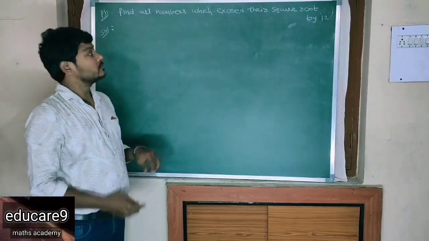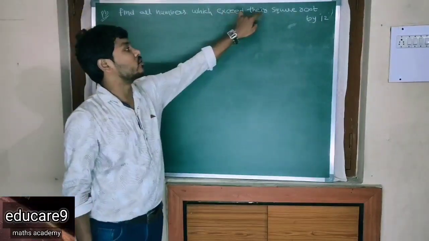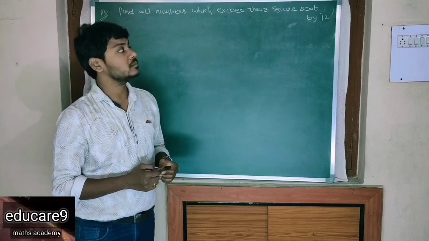See our next question. Find all numbers which exceed their square root by 12.